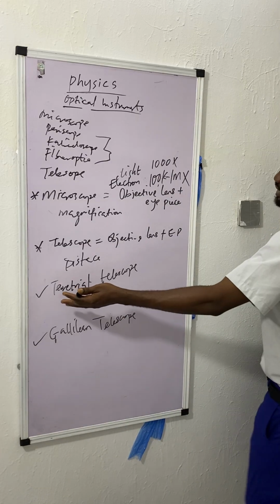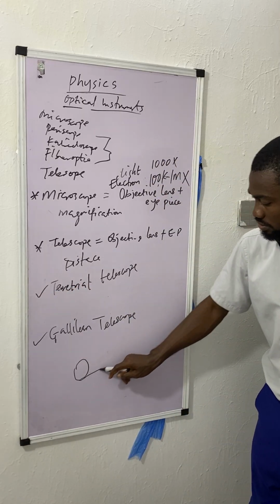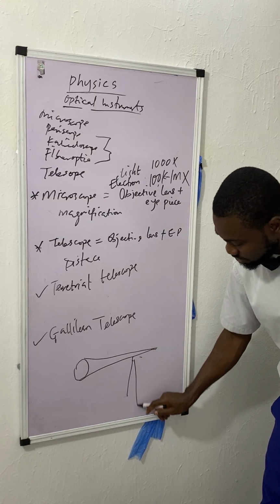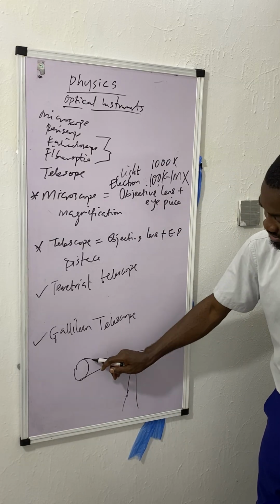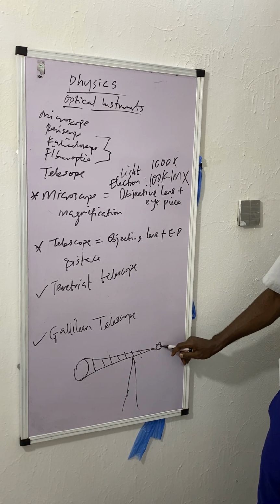So what are the objective lenses found in a terrestrial telescope? Terrestrial telescope is usually long, like this. That telescope you see that is usually long like this. They will put it on a stand like this. So this one here is the observer.